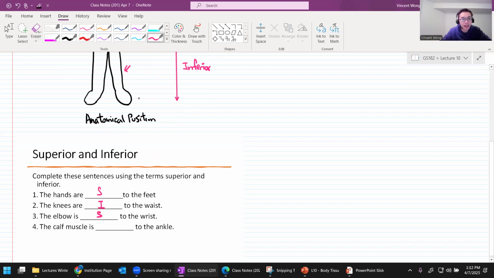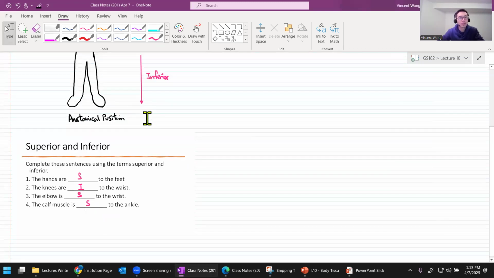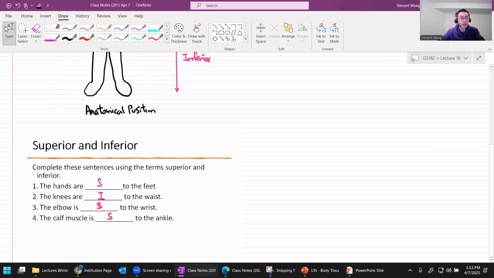Calf is here at the back, and the ankle is here. So the calf is superior to your ankle. Are we okay? Do I need to elaborate before I teach you 10 other terms? We do have 10 other terms coming. I just want you to understand superior and inferior for now. Are we good?